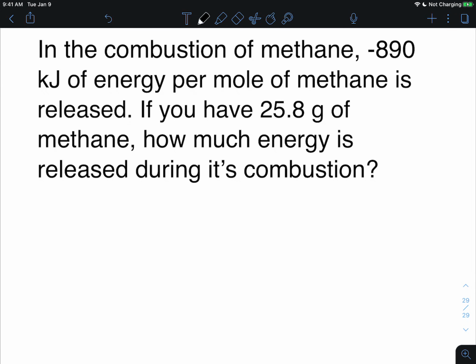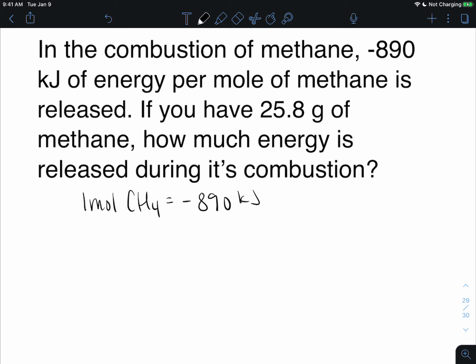Okay, let's try out an example. So we've got the combustion of methane. In the combustion of methane, negative 890 kilojoules of energy per mole is released. If you have 25.8 grams of methane, you want to know how much energy is released during the combustion. So for every 1 mole of methane, it releases negative 890 kilojoules of energy.